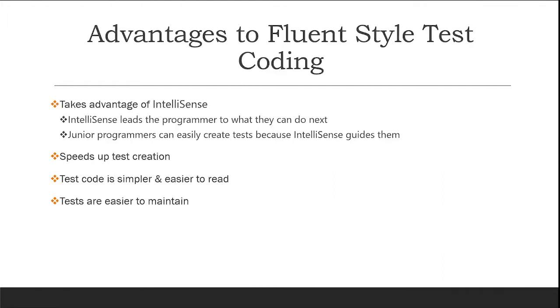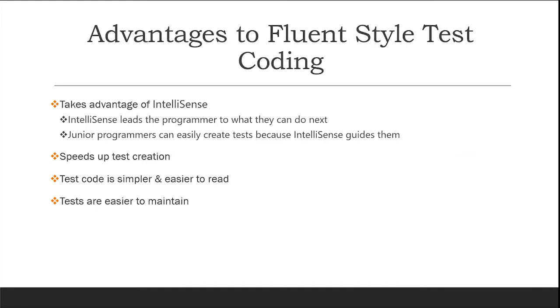It's got many advantages. The first advantage, which I personally absolutely love and which makes coding tests so much faster and easier, is that you can take advantage of the IntelliSense that's built into your IDE. IntelliSense can lead you to what you can do next. Because you already have an object, and that object has methods in it, IntelliSense tells you what methods are available.